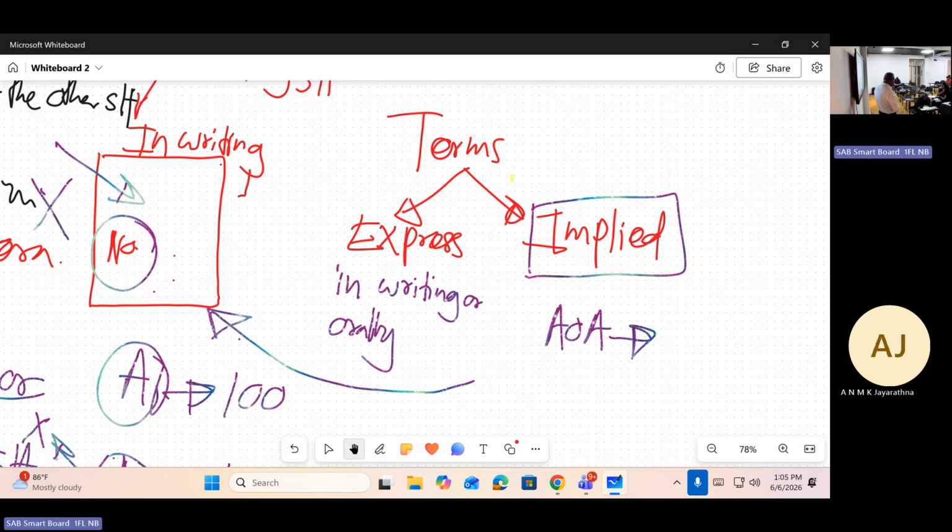But these provisions can be treated as implied terms of another contract, maybe between that person and the company, like this appointment letter. So in this contract between the director and the company, the provision contained in the articles can be considered as an implied term, and we can attribute those terms into this contract.